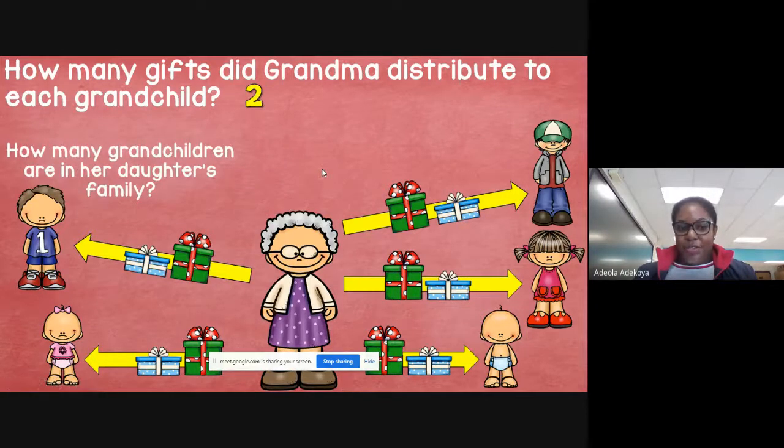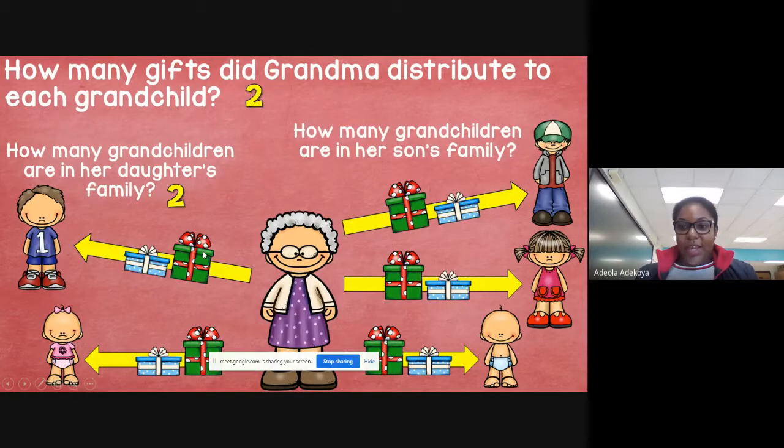How many grandchildren are in her daughter's family? She has 2 children in her daughter's family. And how about her son's family? She has 3. All right. So these 2 are from her daughter's family, and those 3 are from her son's family.